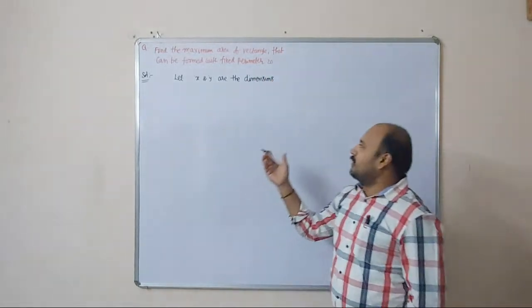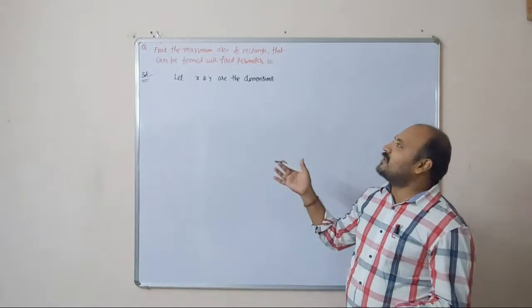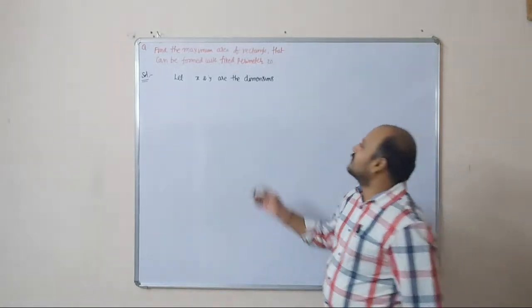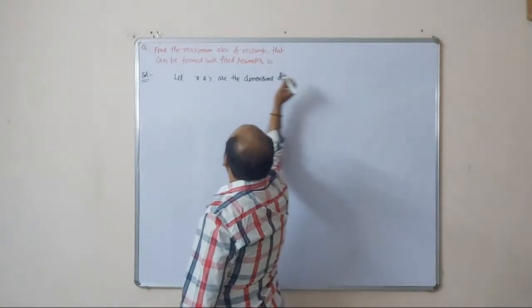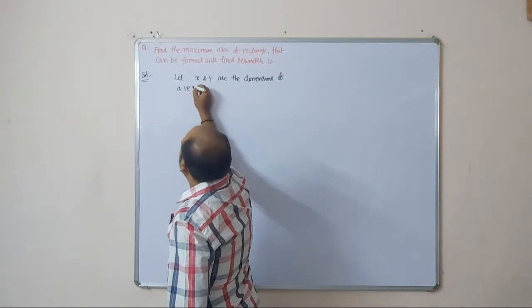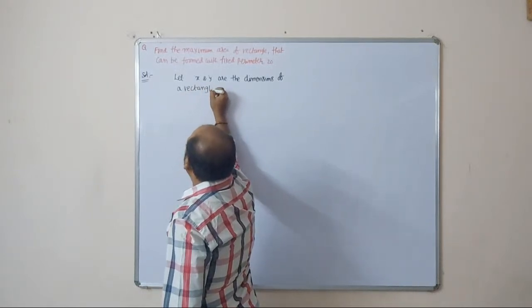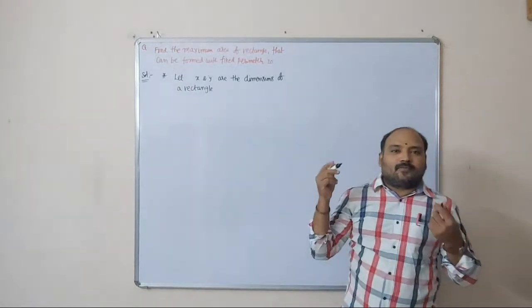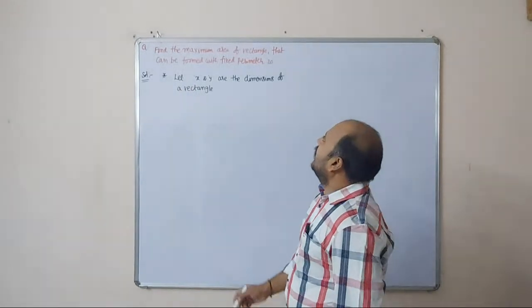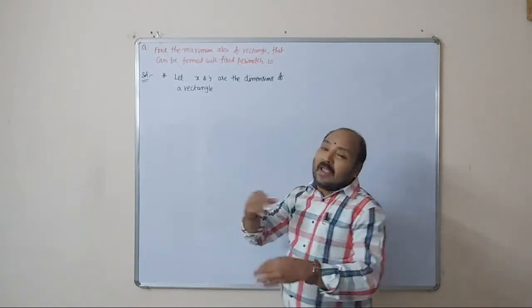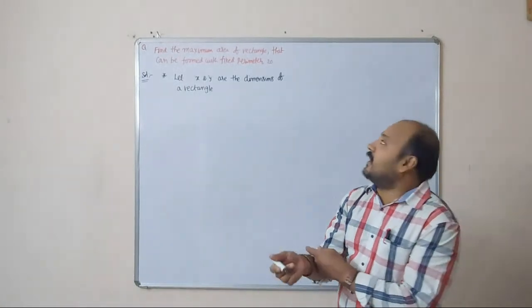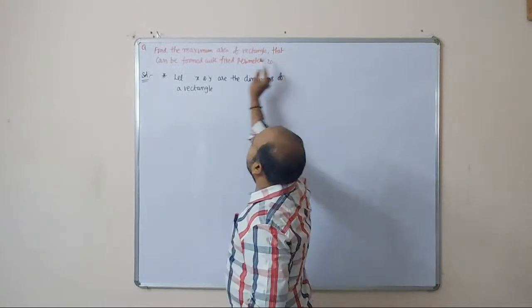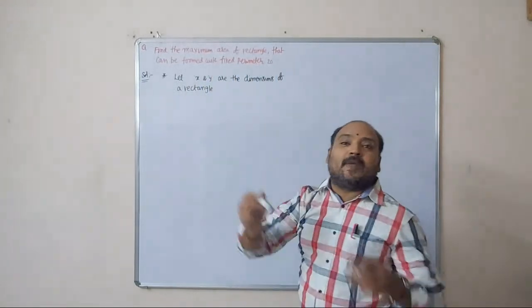Dimensions are not something new. Dimensions mean length and breadth only, dear students. So I assume that length is x, breadth is y. Next, they are asking to find the maximum area, but the condition given is that it can be formed with fixed perimeter.